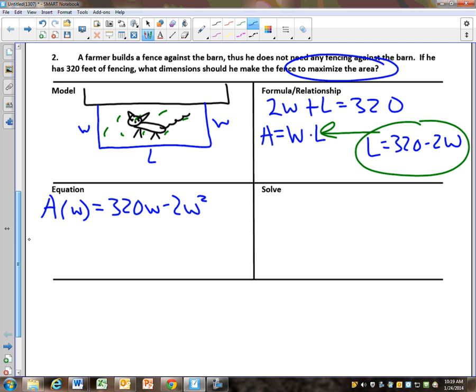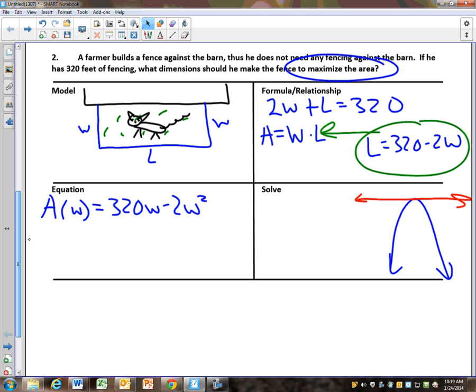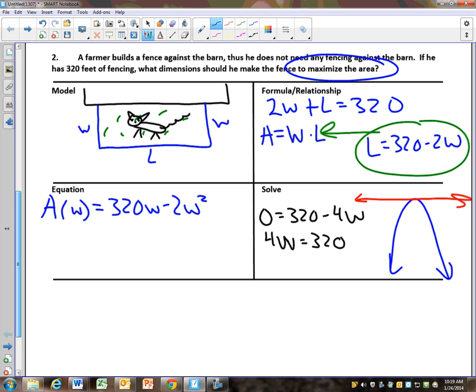What does that graph look like? Upside down parabola. So you are looking for the vertex, the maximum, the point at which the derivative is equal to 0. What is the derivative of that function? 320 minus 4W. 4W equals 320.